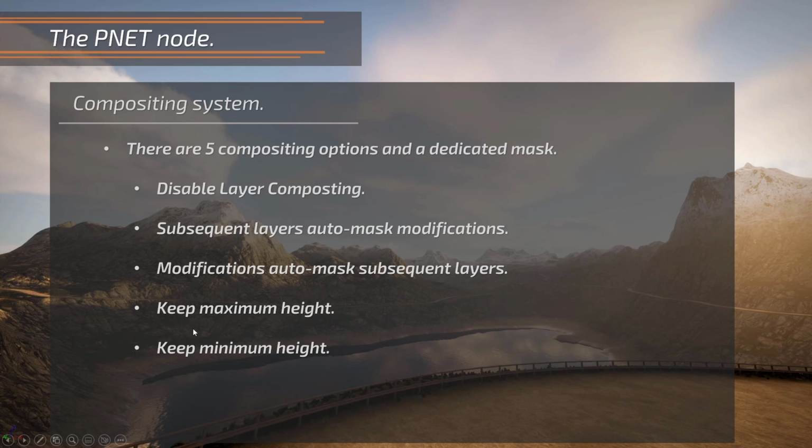We can keep the maximum between layers or the minimum. That might be useful in some cases, but I find mostly maximum is useful. Like if you have 2 hills intersecting, like we terraform in a hill and we already have one in a layer, they will intersect and then they will basically merge together as opposed to trying to mask each other out.